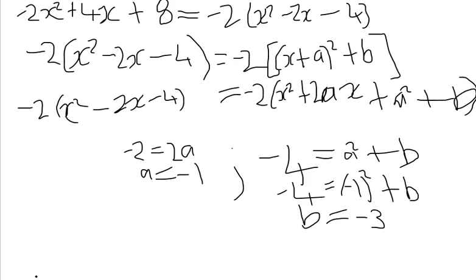Now we would like to write the full expression that has been completed. So here we are going to have -2x squared plus 4x plus 8, which is equal to -2.